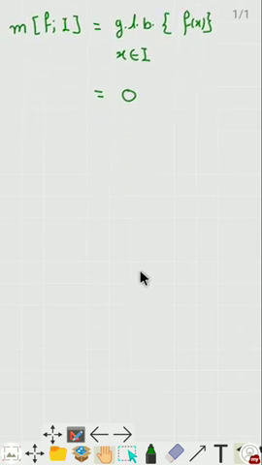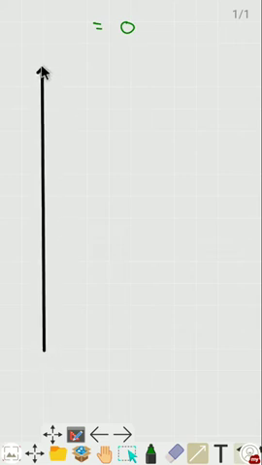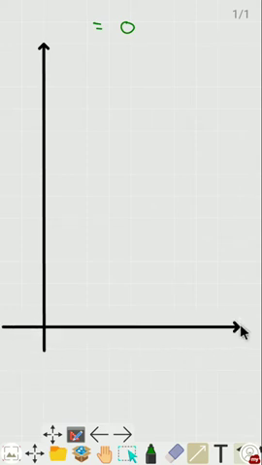Okay, the graph is very important. So we draw the y-axis. Then we draw the x-axis.